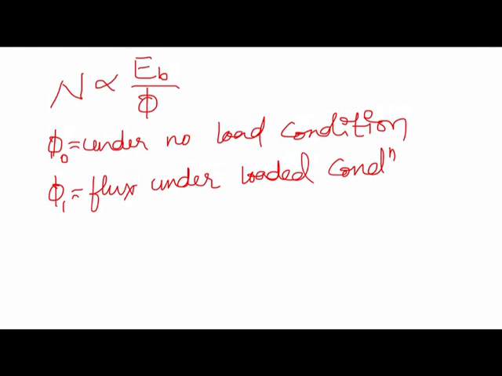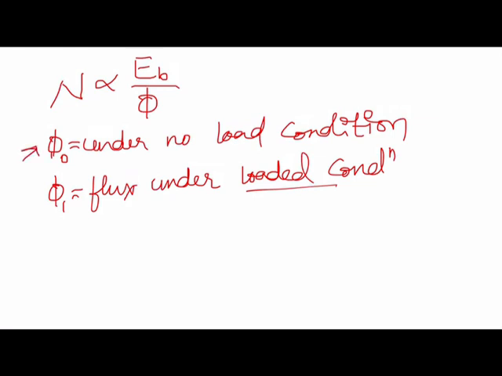It is mentioned that under no load condition the flux will be full. Under loaded condition, it is decreasing by 3%. 3% means it is 0.03 times the original flux at the starting.